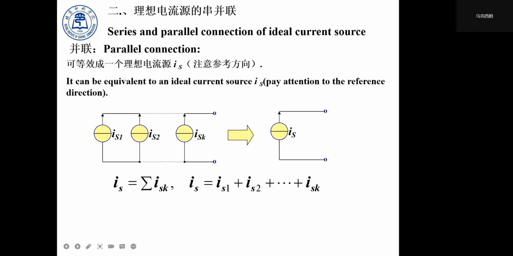And this value equals the sigma of all the values of the current sources. So we add all these currents in each branch, and we add them up together. We can reach the equivalent current source value, and we don't have to deal with all these extra branches. We only have to deal with one single branch with one single ideal current source.